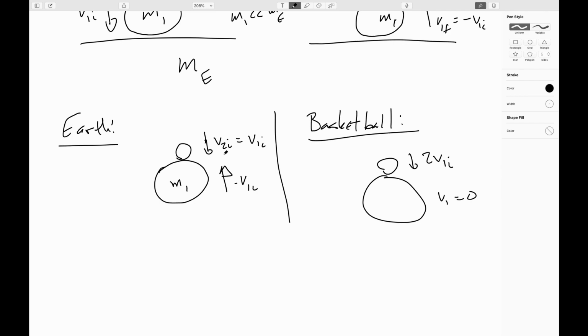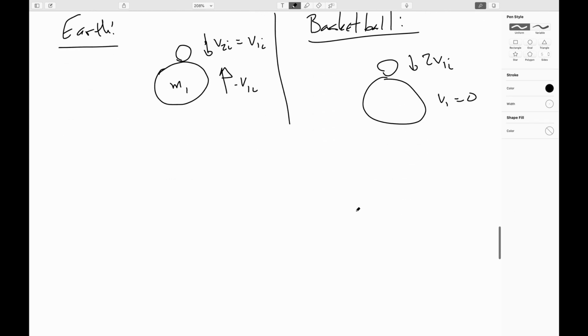So the basketball says, hey, the super ball is approaching me at 2 times the speed that the basketball was landing on the Earth at. All right. So again, we can now model this in the frame of the basketball.